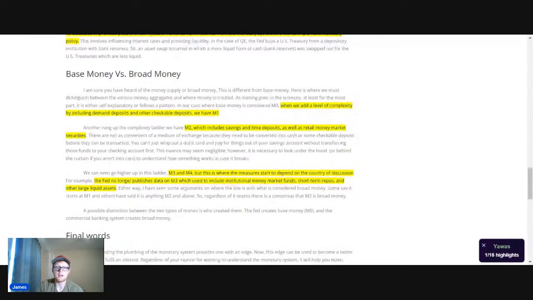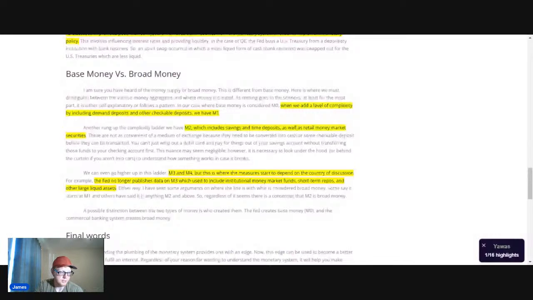And then you have M2, which is what most people talk about and what's considered the money supply, which includes savings, time deposits, and retail money market securities, right? So when you put money in a money market fund, relative to the big institutional players, it's not going to be very much.